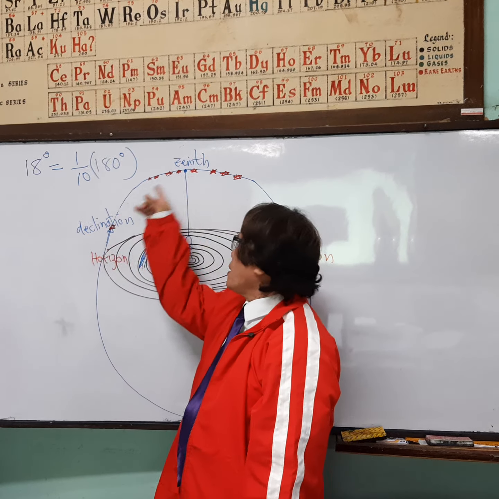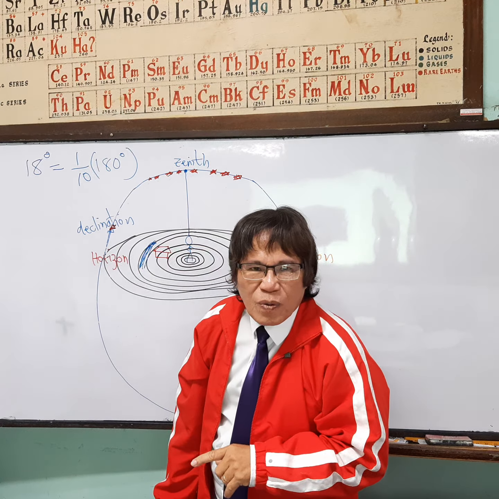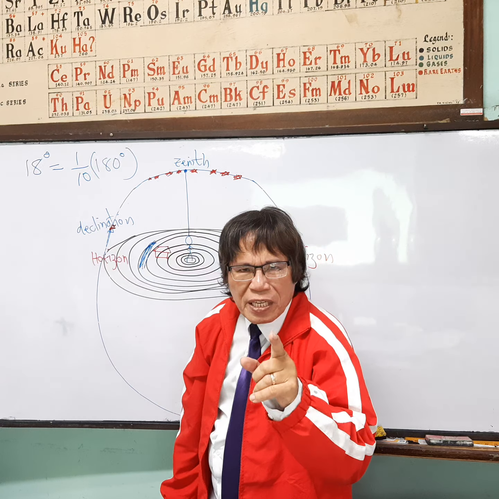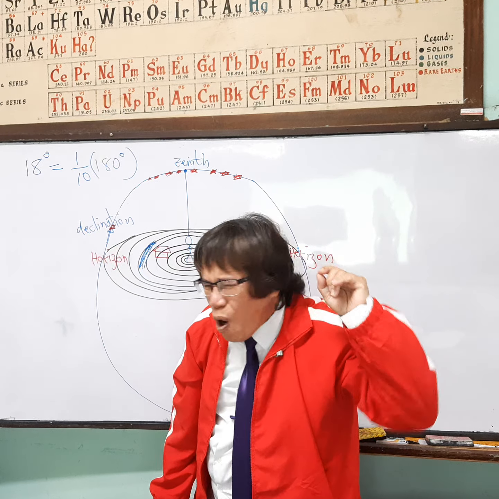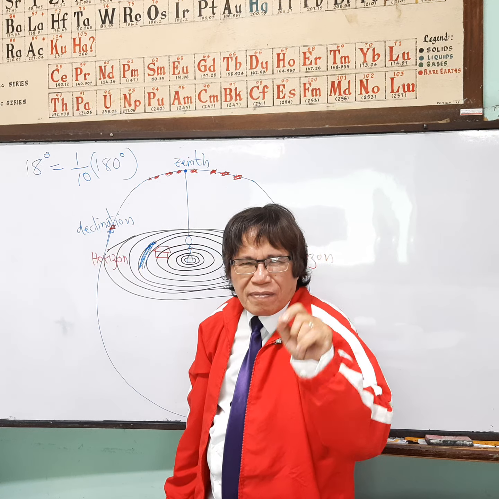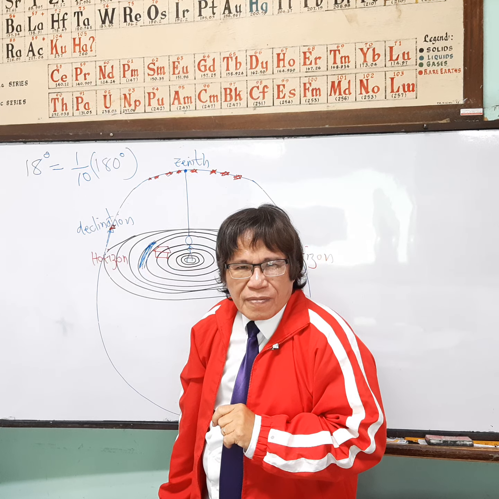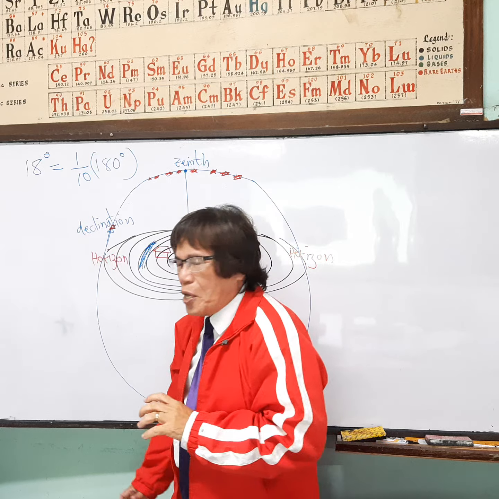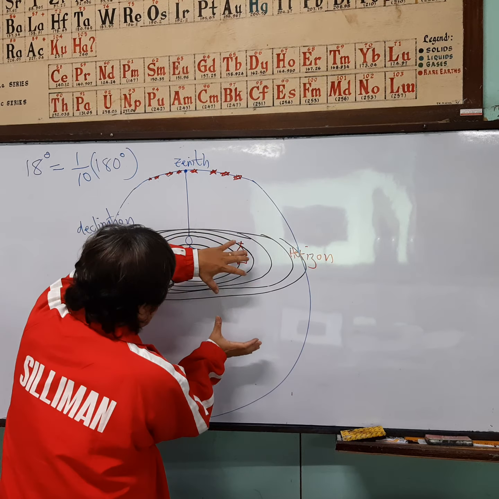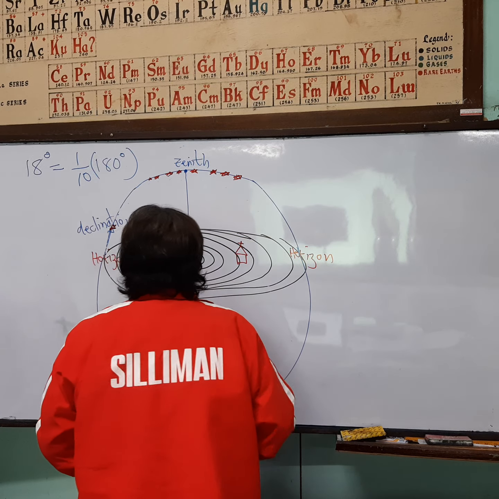Why is this one moving that way? Because according to the heliocentric theory, which is now the correct theory, the one supported by all experiments, the earth is the one moving. The earth is moving counterclockwise.